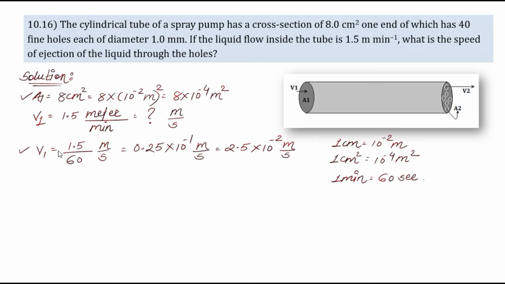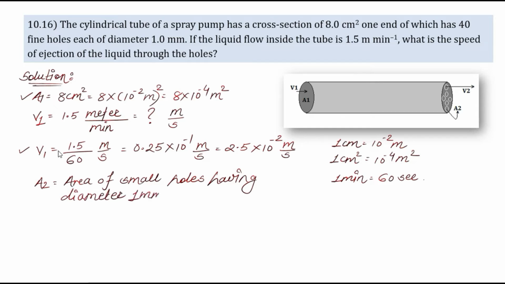Now we have V1 and A1. Let's find A2, as A2 is the area of the small hole having diameter 1 millimeter. So we also have to convert this 1 millimeter into meter, that is 10 raised to minus 3 meter.